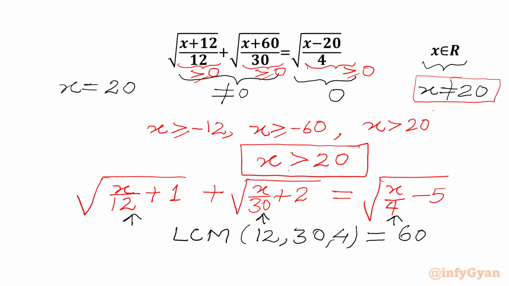So we can assume here x equal to 60u to get rid of the fractions.